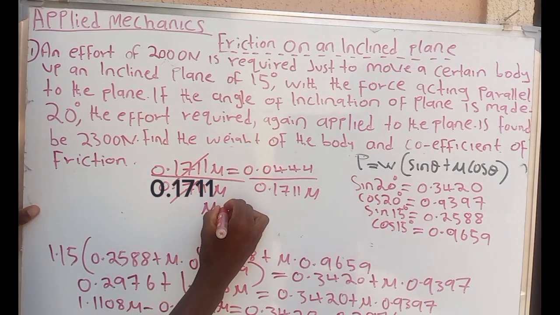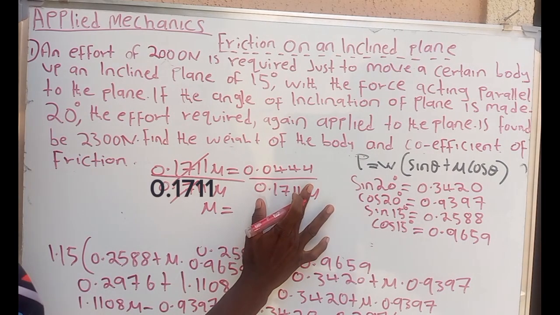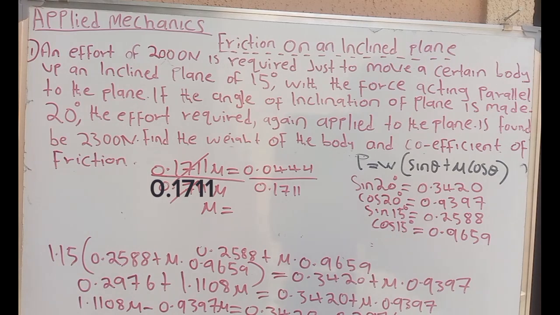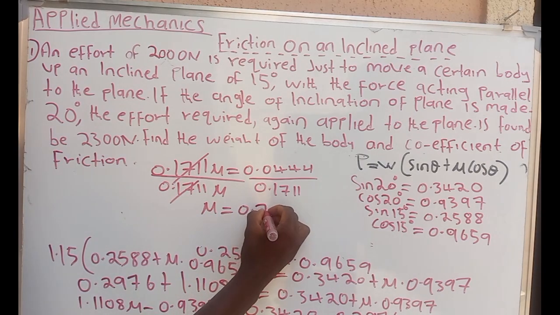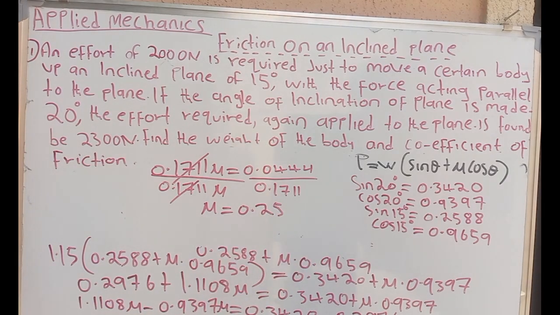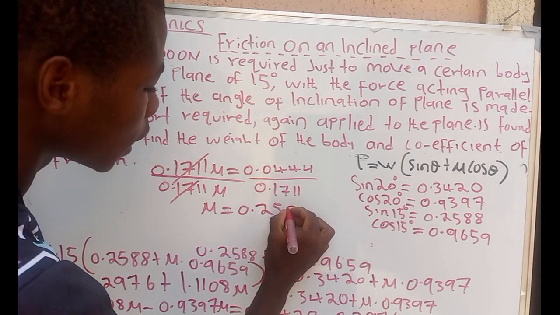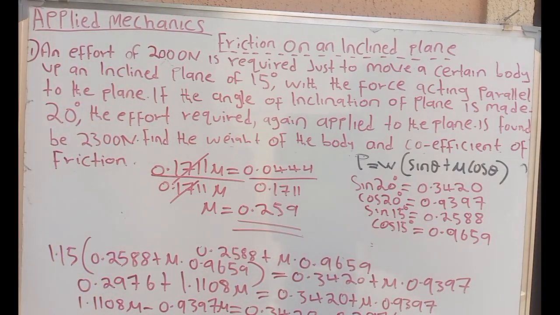So therefore the value of mu is equal to, let's calculate it and see, 0.259. So that's the value of mu.